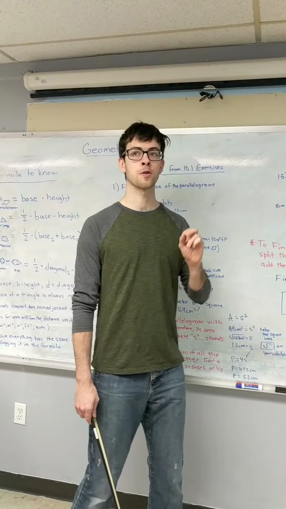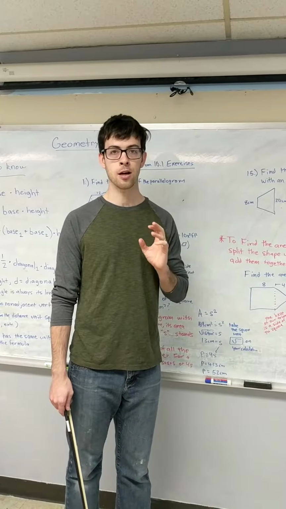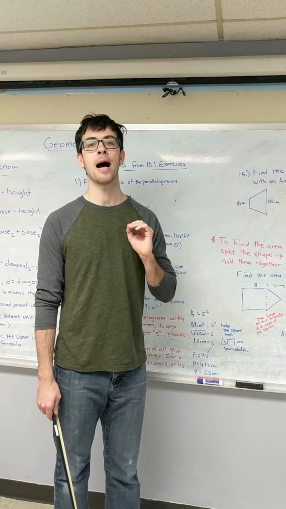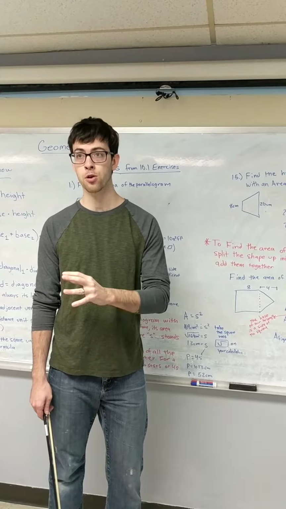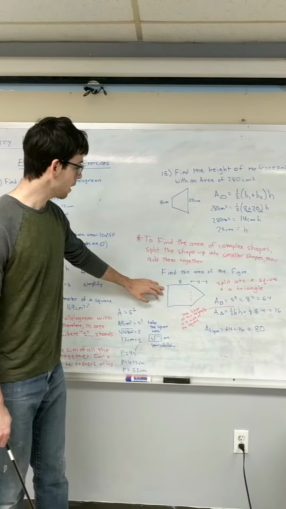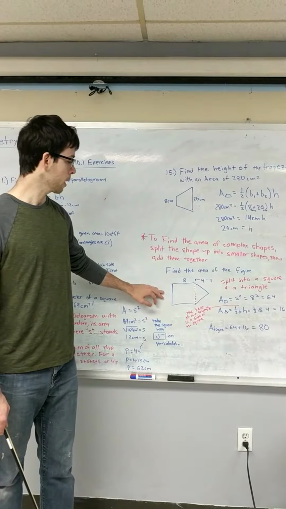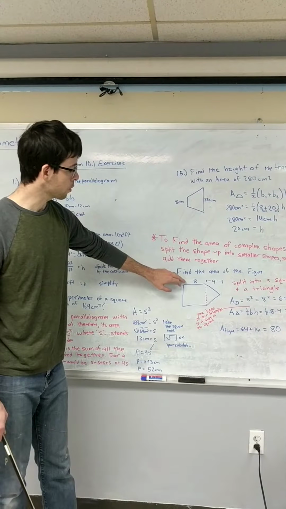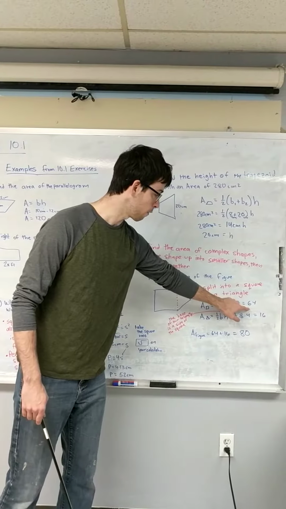Okay? I want to go over two more things quickly. You're going to be asked to find the area of more complex shapes. To do that, you need to draw imaginary lines separating the shapes into shapes that are simpler and you are more familiar with. For example, right here we have a pentagon that looks kind of like a house. We can separate it into a square and a triangle. The side of the square is 8, therefore the area is 8 squared, or 64.